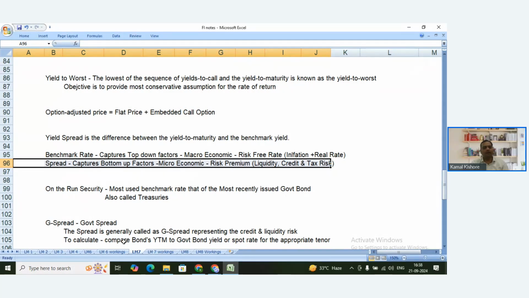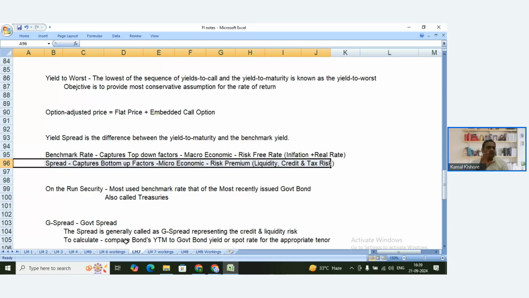To calculate, compare your bond's YTM to the government bond yield for the appropriate tenor. To calculate this G spread, because we have one more spread, the Z spread. That will come in some time. Mysore masala dosa is different, and masala dosa is different.